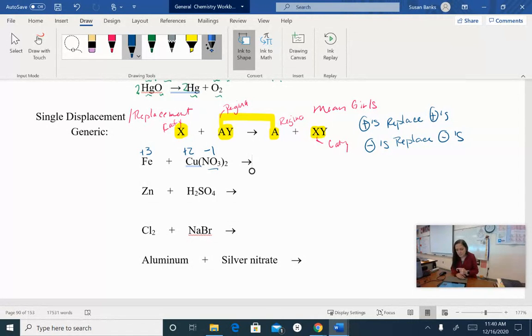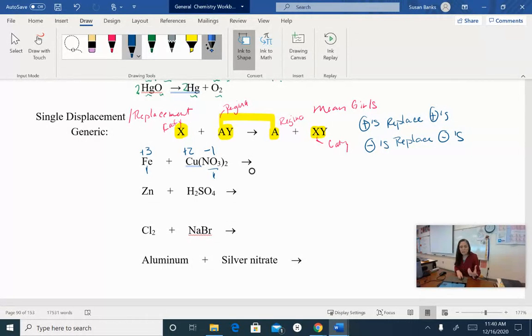So my question here is, do I have two positives that can switch places with each other? Or do I have two negatives that can switch places with each other? I have two positives. I have the +3 and the +2. +3 iron and the +2 copper. They're going to switch places. So if I have a +3, how many nitrates that are -1 do I need to put with that iron? +3 plus 3 -1s equals 0.